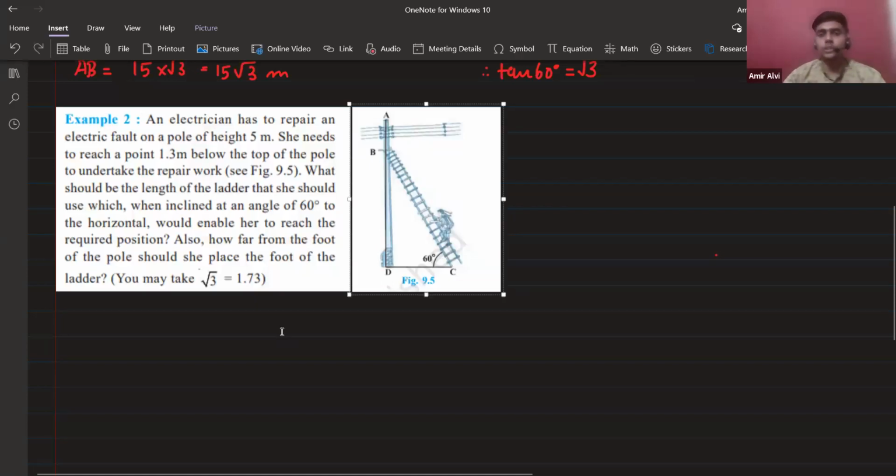This is the figure of this question here. Everybody, let's understand the question one by one. We have to take the question in parts, not in one go. So let's take this.